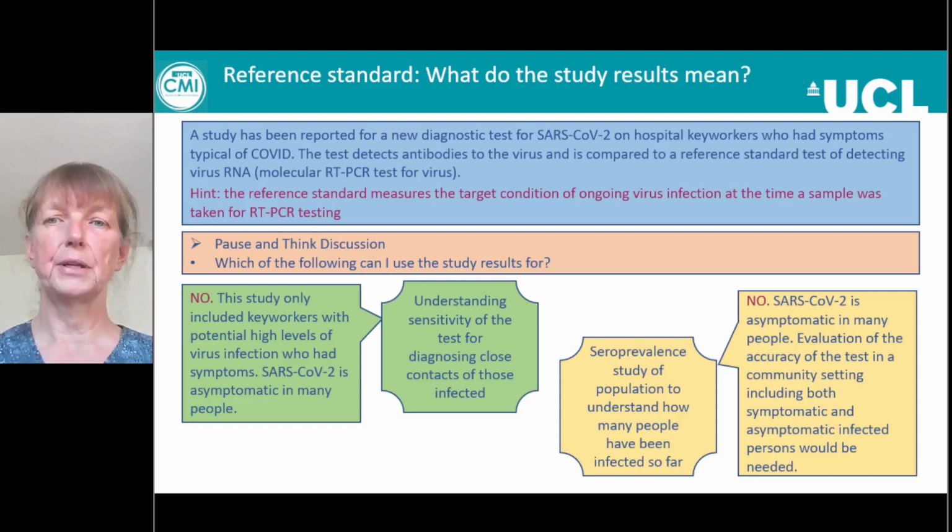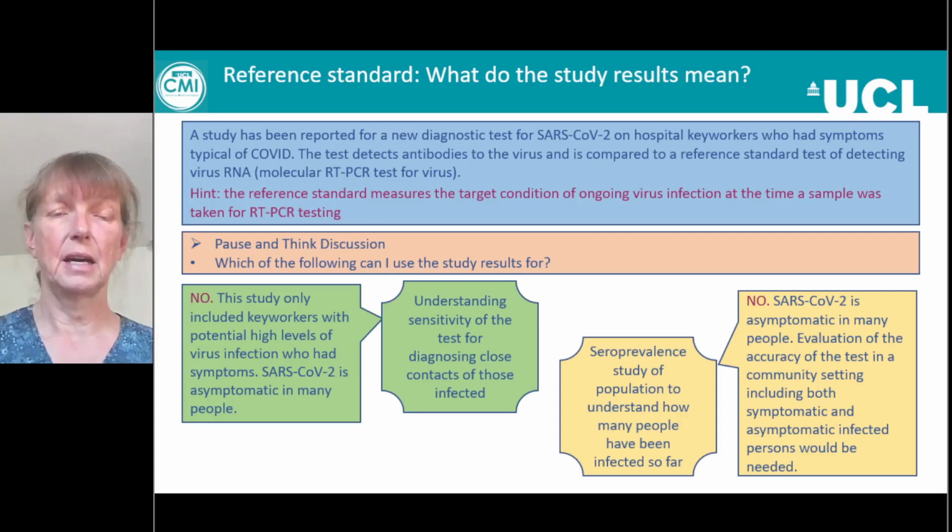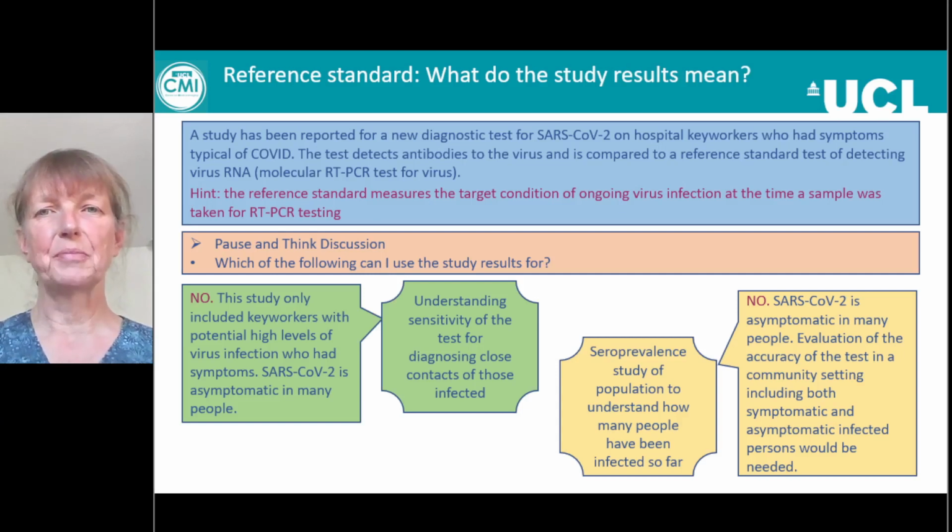But SARS-CoV-2 is asymptomatic in many people. Estimates range from 30, 40, 50, a much higher percentage of people who are infected are asymptomatic. And this study was only supposed to be in key workers who had symptoms. It had a few asymptomatic people in it.